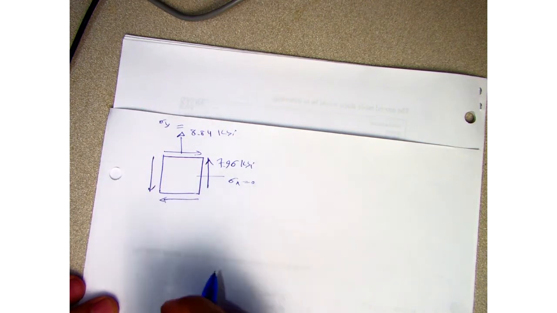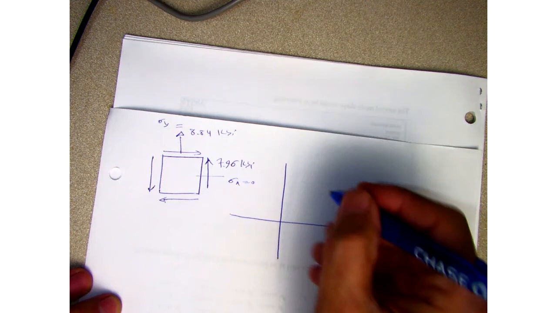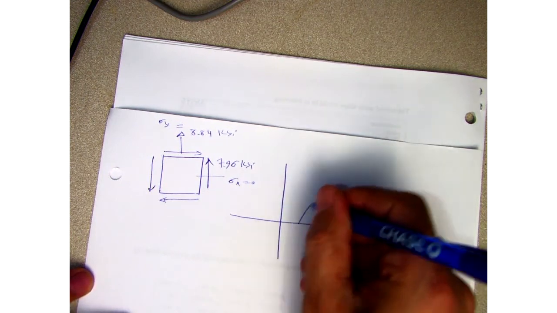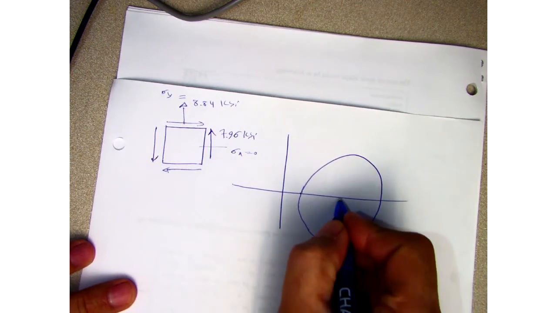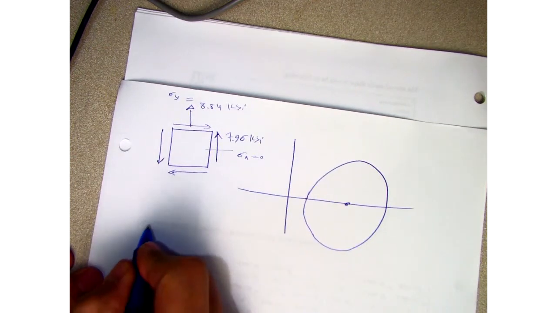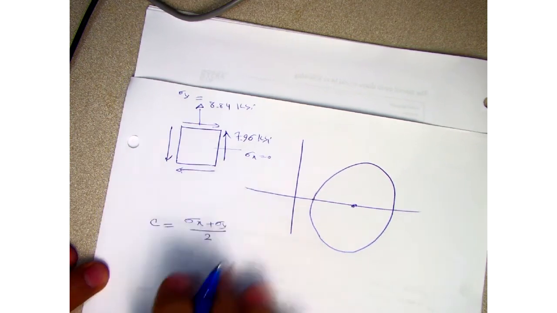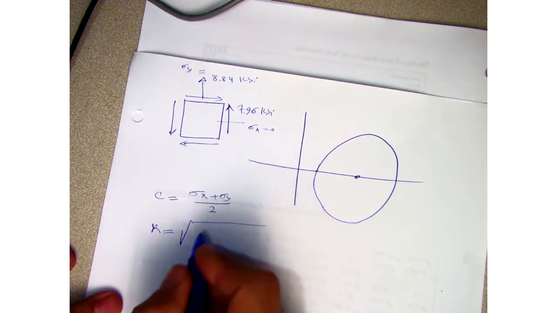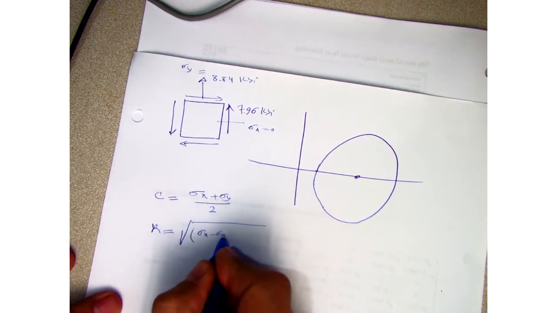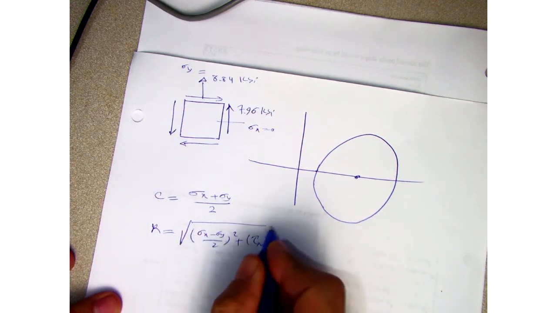All right, so to do Mohr's circle, you know that you will have a circle like this. The center of the circle, you can always find by looking at this. It's like the average stress. And then what is the radius? Basically, this is the radius, squared plus tau xy squared.